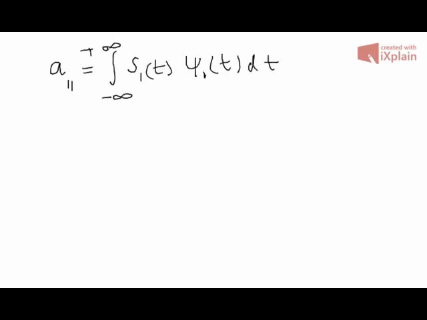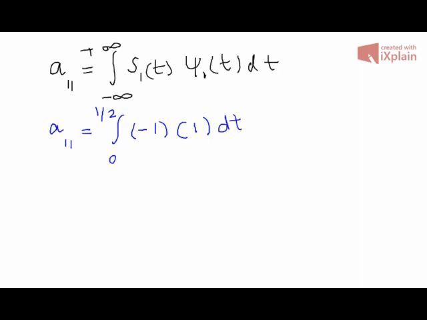Now as we have seen, this integral a11 we can split from 0 to half and half to 1, which is our time interval. So s1 of t is minus 1 from 0 to half, and psi 1 of t is 1, right?